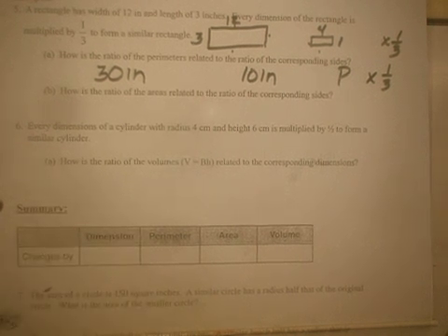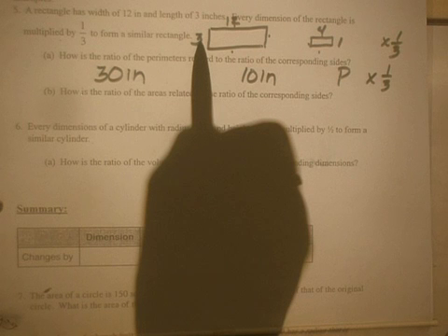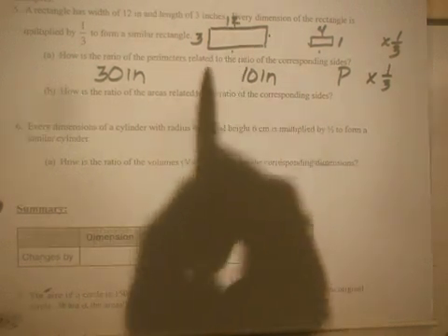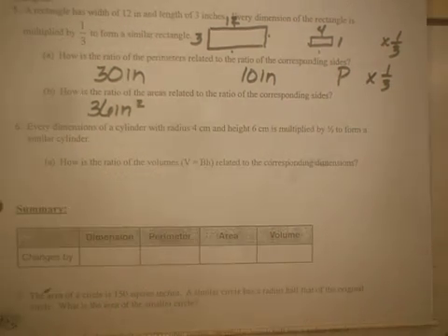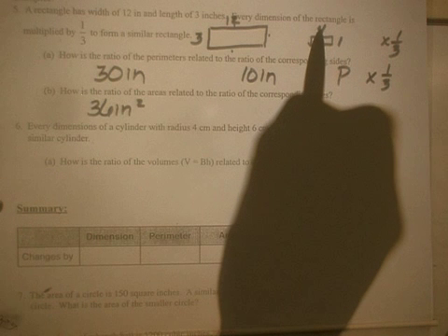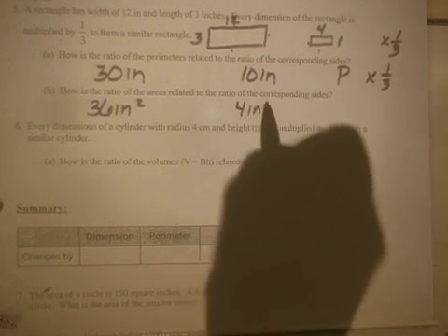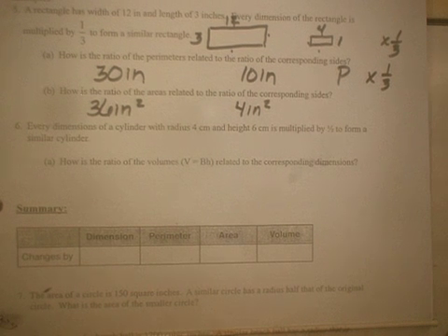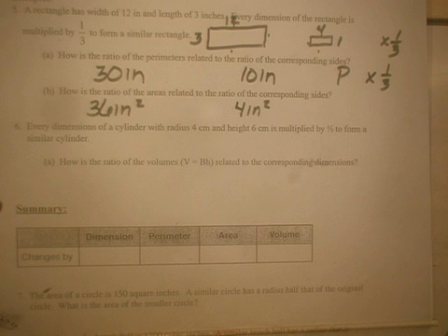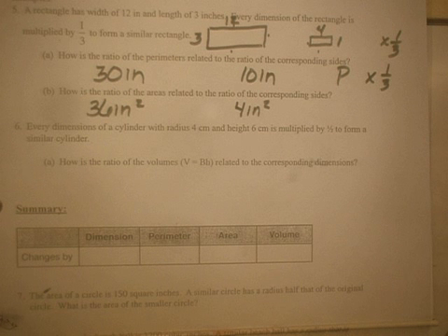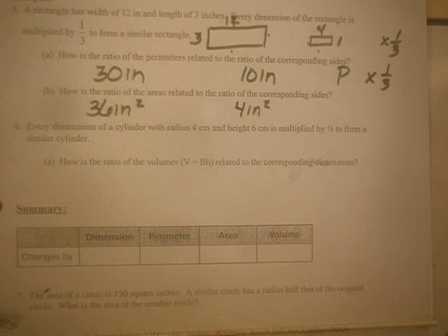In part B, we're going to look at the areas. 3 by 12 is 36 inches squared. And the smaller rectangle is 4 by 1, which is 4 inches squared. Were the areas multiplied by 1/3? From 36 to 4, is that multiplied by 1/3 or divided by 3?